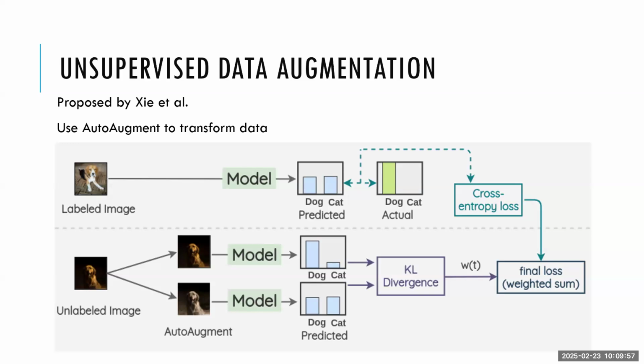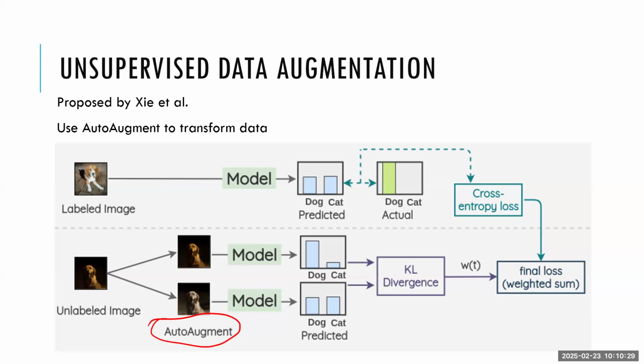So instead of creating adversarial images, right, you can use auto augmentation. Basically, instead of cropping by hand, in the previous algorithm you do it by hand, right? You just pick how much you rotate and so on.